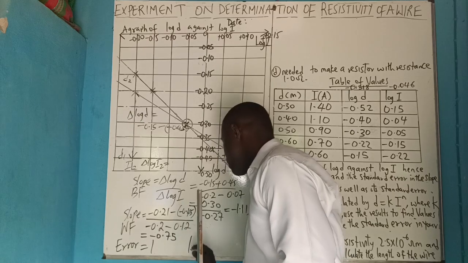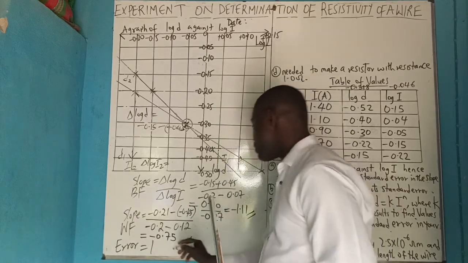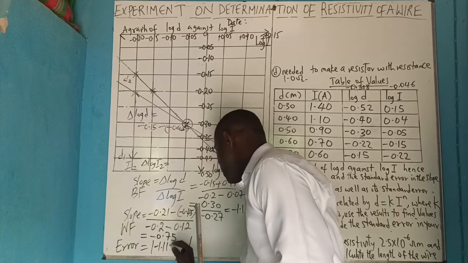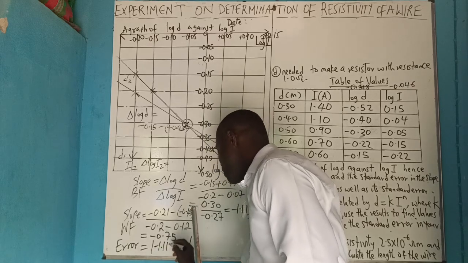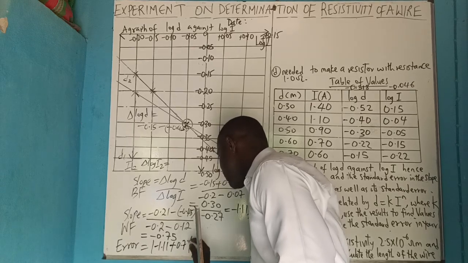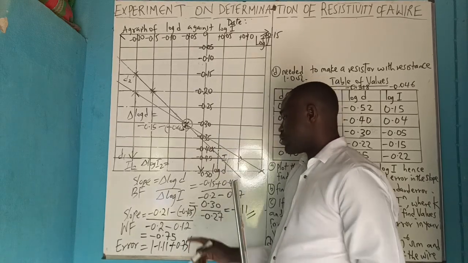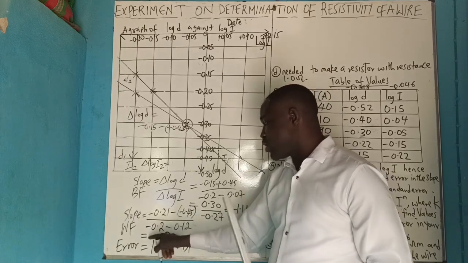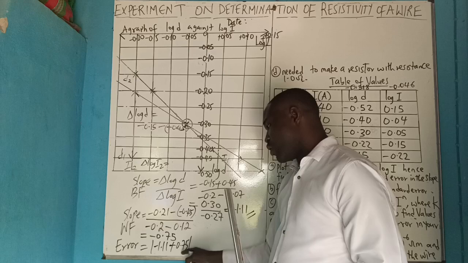the modulus of you subtracting the two: minus 1.11 minus, so minus 1 plus 0.75. So minus 1.11 minus this will give you plus.